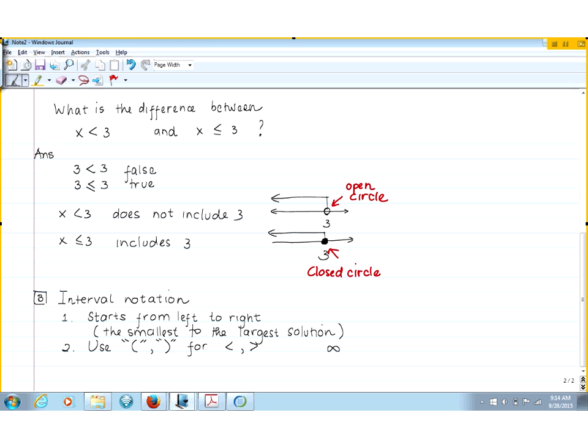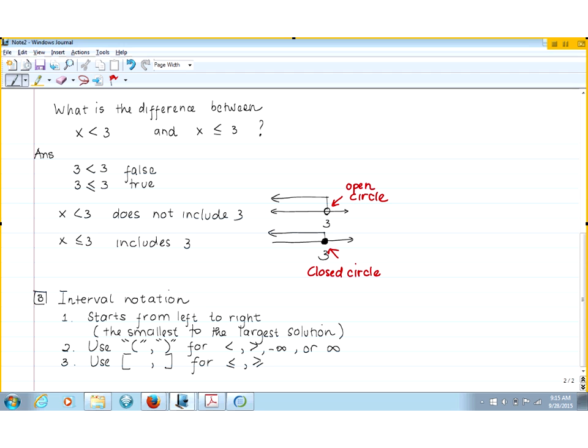Maybe I should say this. Negative infinity to infinity. And we use brackets for less than or equal to or greater than or equal to. Yeah. All right.